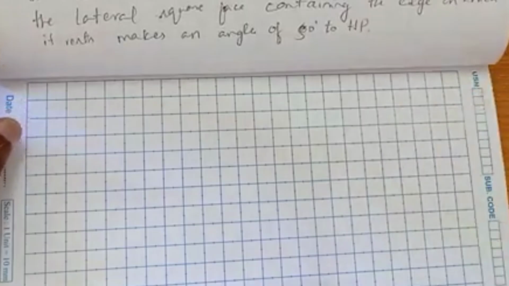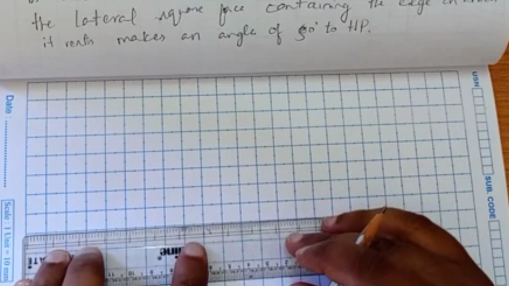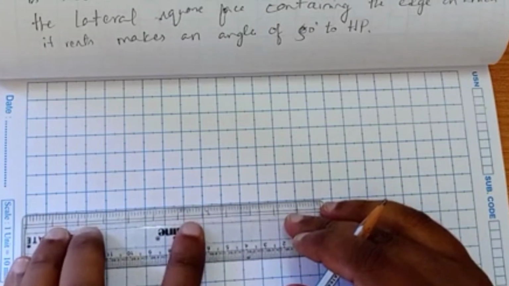First we have to construct a square of dimension 40.